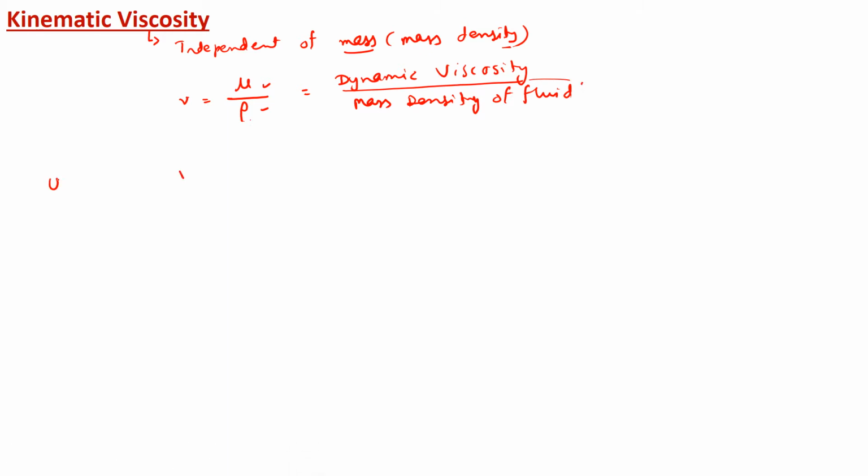Now, if we talk about the unit of kinematic viscosity, we have dynamic viscosity as Newton second per meter square, and mass density is given by mass per unit volume.